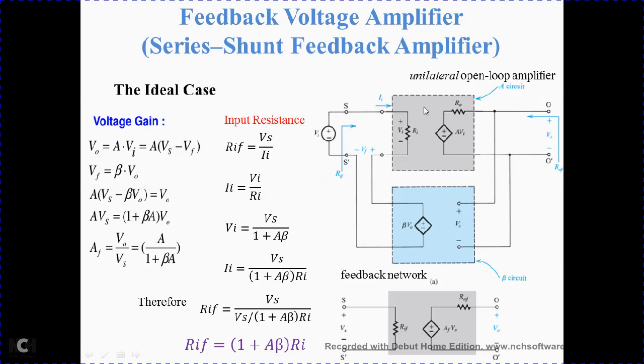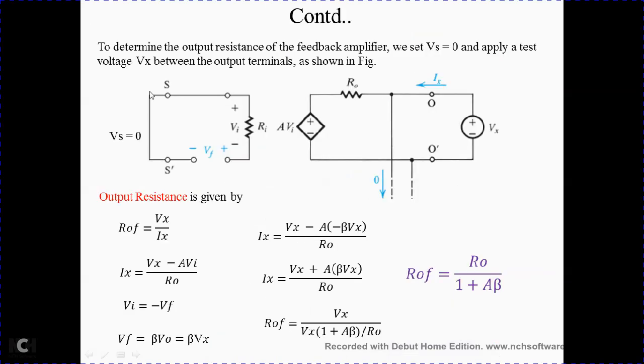All together it is RIF, and AF into Vs, the applied voltage Vs, instead of A into Vi. This is RIF all together, and this is R naught F. We will see R naught F next. Now let's see the output impedance.